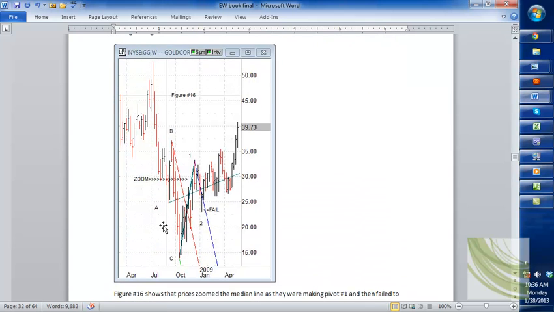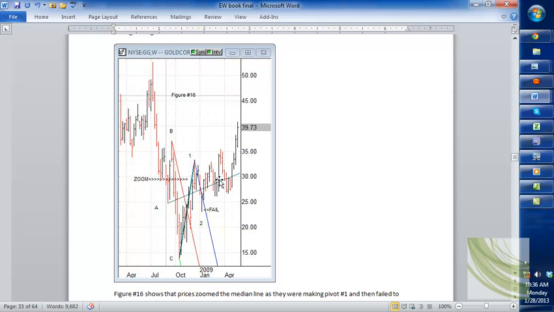And so the theory is very simple, that after an ABC, if prices zoom through the ML, and then they retrace back, and when they retrace back, they don't make it past that new ML again, that this is a good shot at being a pivot 2 of a move in this direction.